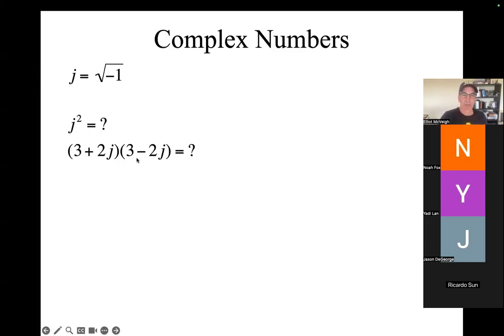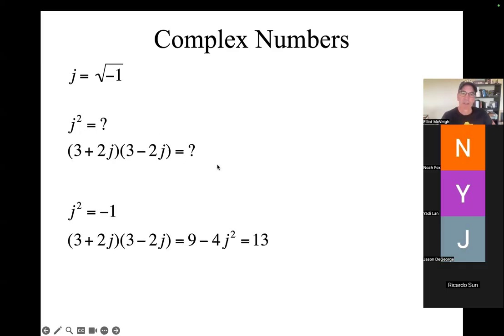And if we have a complex number that has a real part and an imaginary part, and another complex number with a real and imaginary, to multiply those two numbers together, we just do it as you would with algebra. Multiply this real times this and this real times the imaginary part and expand that out.